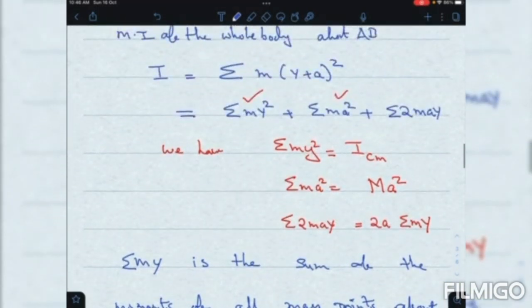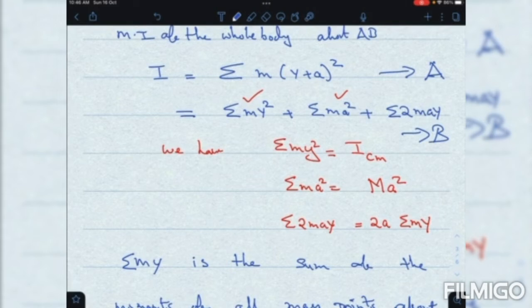Therefore, I'll label this equation as A. What will equation B look like when you put sigma m y square as I_CM, sigma m a square as M a square, and sigma 2m a y equal to 0?